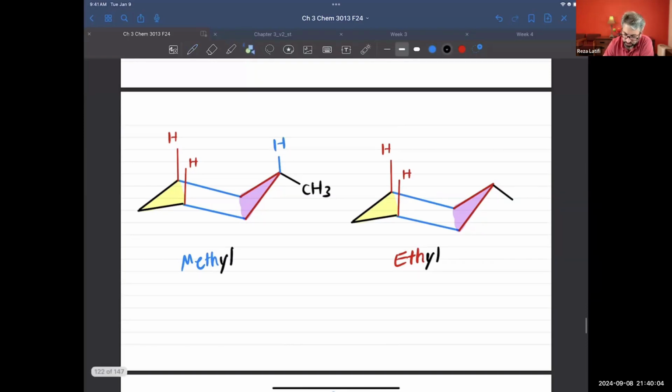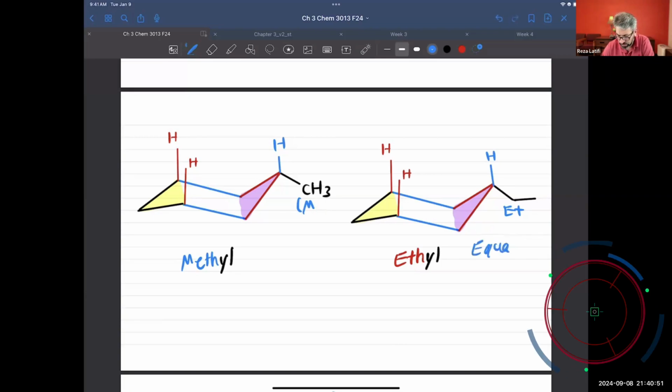And also for this one, I will put ethyl there, or I can say pointing in this direction, and the hydrogen atom will be pointing up. So this one will be the ethyl, and that was the methyl group, and both ethyl and methyl are in equatorial position.